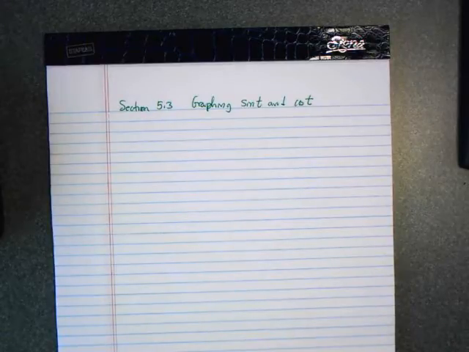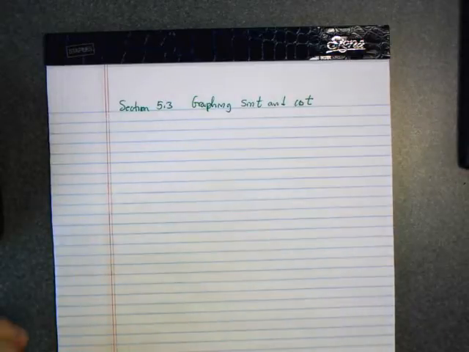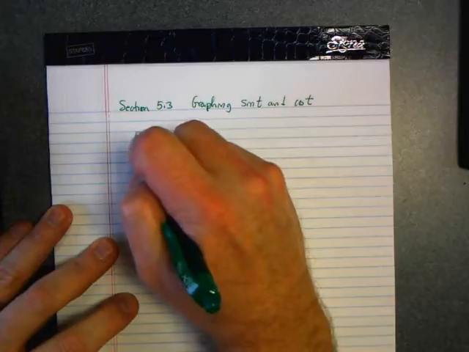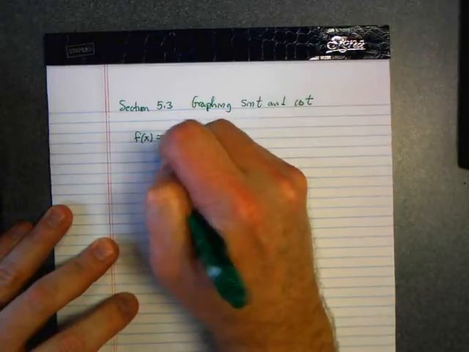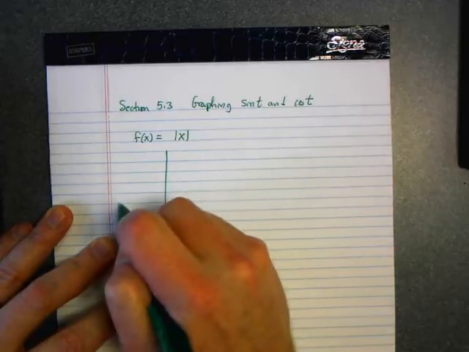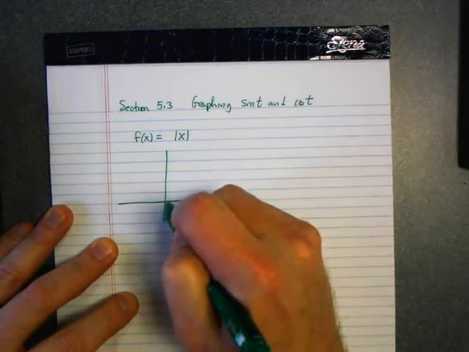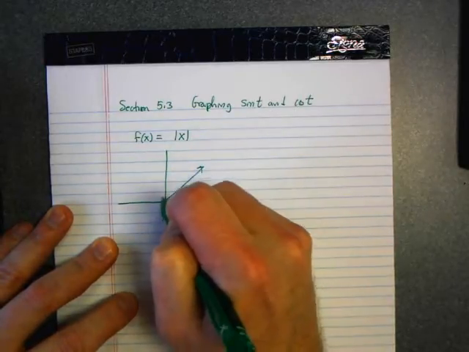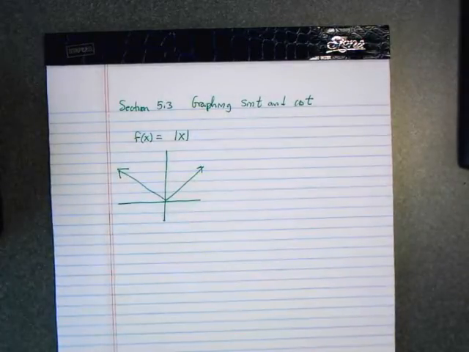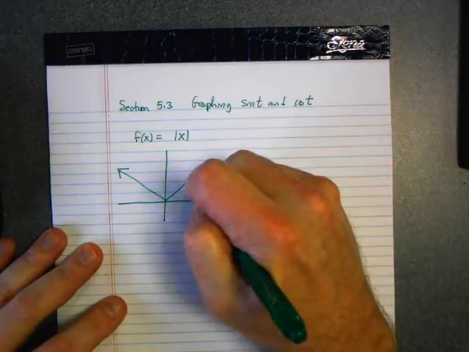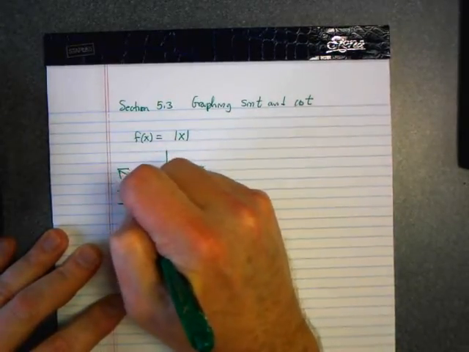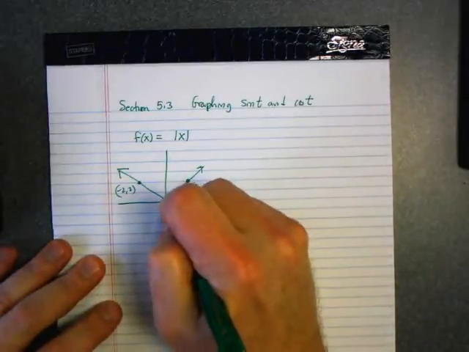But before we do that, I want to do a little bit of review of something you learned last semester. Let's say I gave you the function f of x equals absolute value of x. The graph of that function looks a lot like that. This is the point 2, 2. This is the point negative 2, 2. And of course, it's right there at 0, 0.